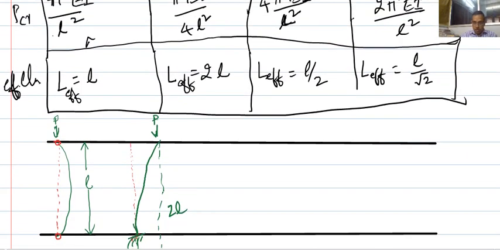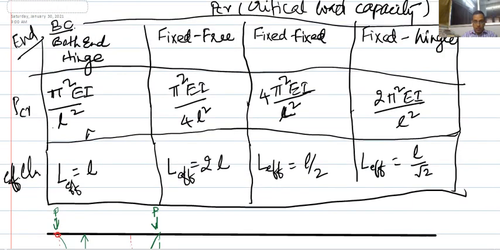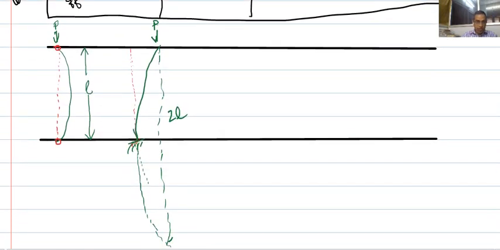Now, let us go to the third case, which is fixed fixed. If I try to draw a fixed column, which is fixed here and fixed here, right. Now if I look at the buckling behavior here, it is something like this.